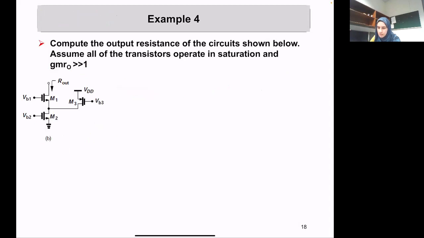Now let's do this example. The question is the same, just who is in parallel with whom? Do I see M2 in parallel with M3, or M3 in parallel with M1?